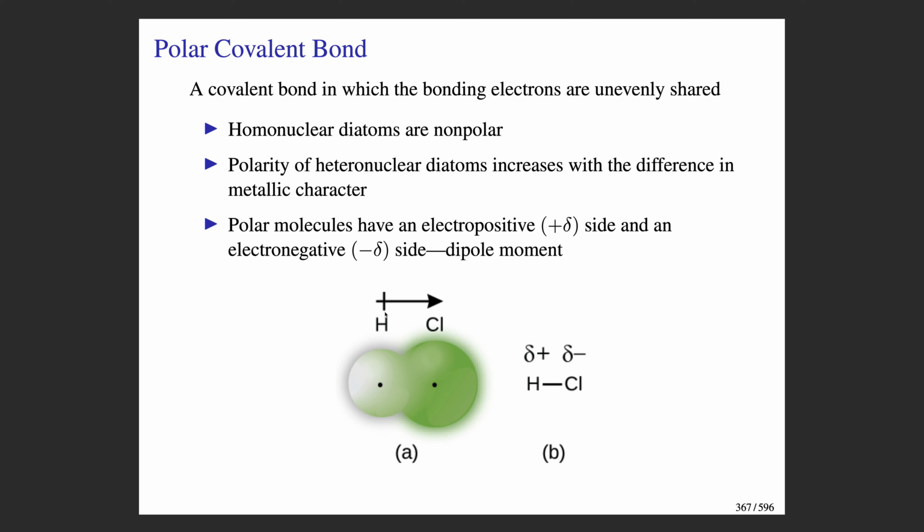However, for heteronuclear diatoms, the electrons will typically not be equally shared, and then that is going to give rise to what we call a polar bond and a polar molecule.